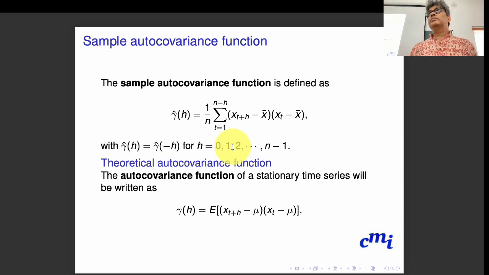That's it, and that is equal to this gamma h if it is covariance stationary. If it is not, then you should be very careful immediately that maybe my covariance is not stationary. Maybe it is mean stationary, maybe it is variance stationary, but it may not be covariance stationary.